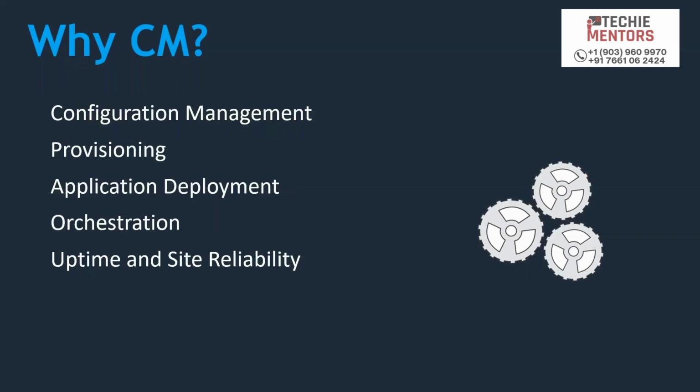Either it could be a human error or it could be something else, but 70% of the outages are caused by changes. The remaining 30% may be hardware issues, bugs, application-related issues, or performance issues.